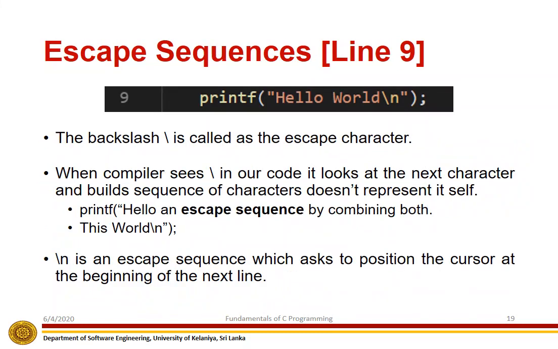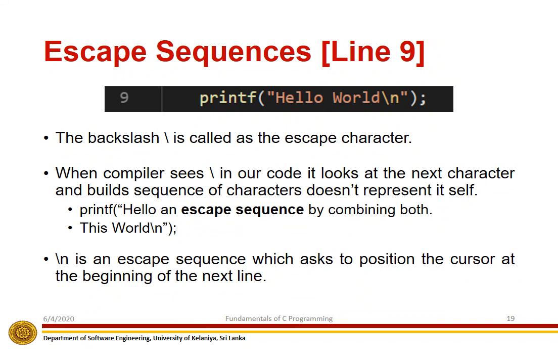Then the escape sequence in line 9. You can see \n followed by the words hello world. Here we want to print only hello world. So why are we using \n? The \n is called the escape character here. When the compiler sees a backslash in our code, it looks at the next character and builds a sequence of characters that doesn't represent itself.